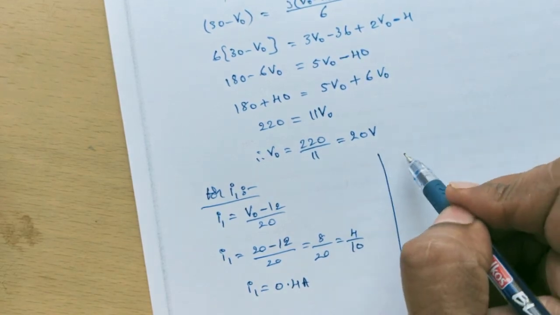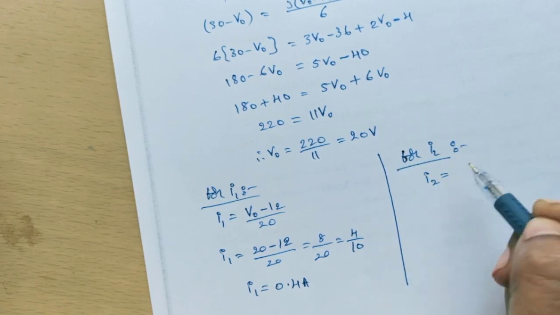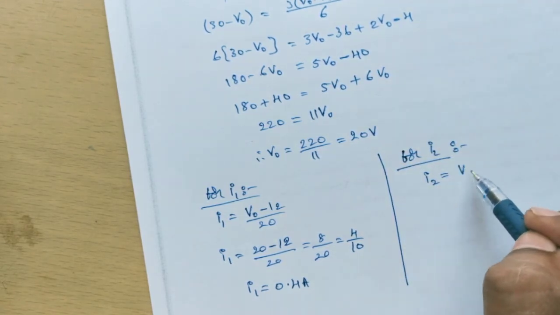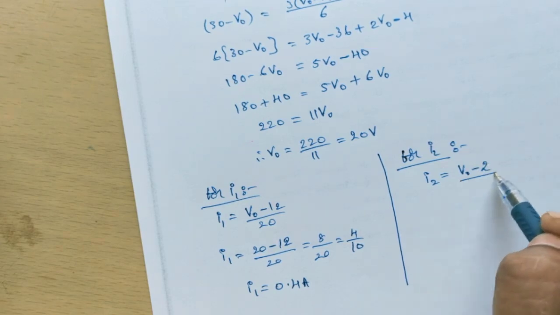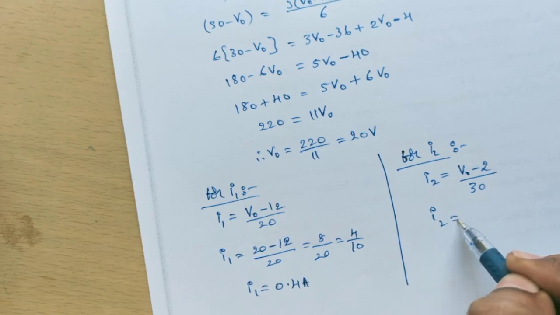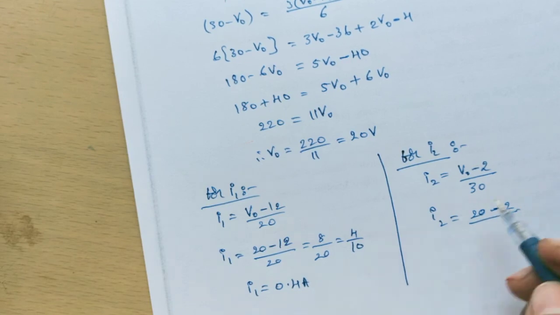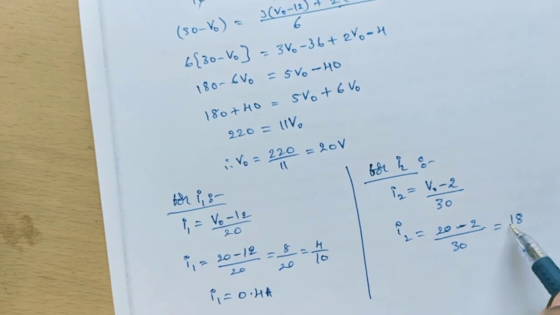Similarly, for I2, I2 is equal to (V naught − 2)/30. So I2 is equal to (20 − 2)/30, which is 18 by 30, nothing but 6 divided by 10.